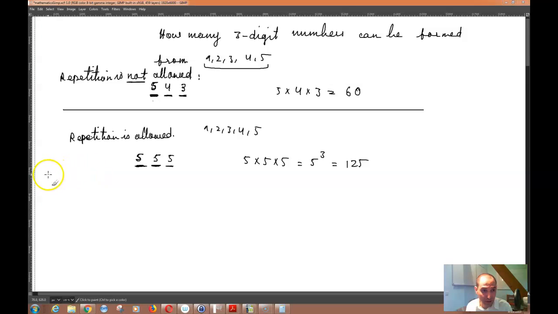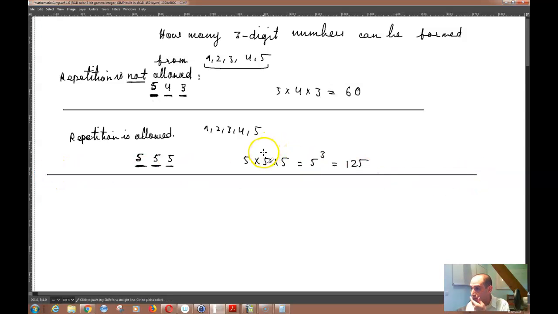Let's do another example. How many 3-digit even numbers can be formed from the digits 1 through 6 if the digits can be repeated? This is also a typical question.